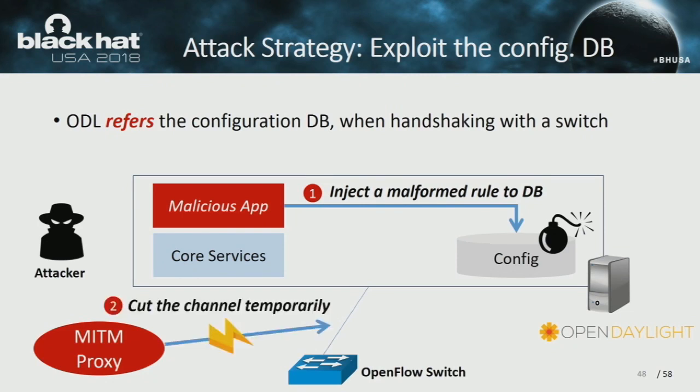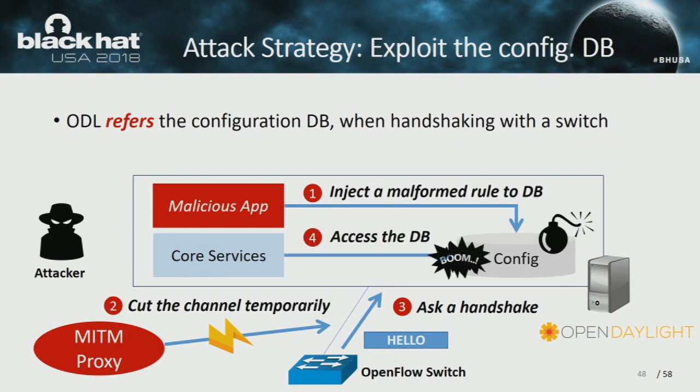And now, an attacker uses a man-in-the-middle proxy to cut the control channel temporarily. So the OpenFlow switch will try to reconnect to the controller by sending a handshake message. And the controller will access the configuration DB to get the predefined flow rules. But here, the controller reads the malformed flow rule, which was installed in the previous step, so this can cause an error in the internals of the controller.